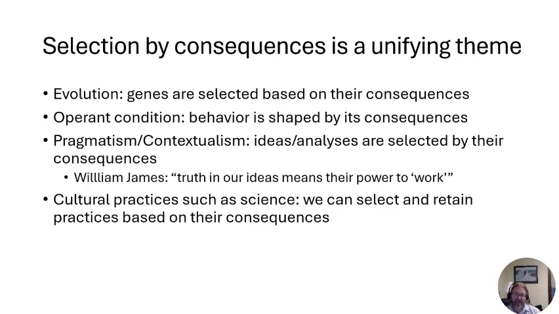And this even extends to symbolic areas and cultural practices that have a legacy over time, including cultural practices that we call doing science. We don't have to do science this way, but one way we can do it is to try to select and retain those scientific practices based on their consequences.